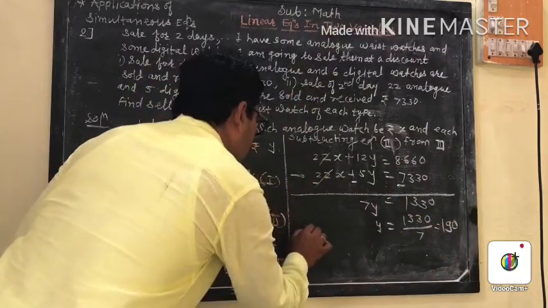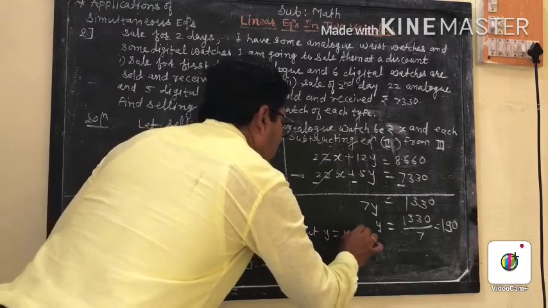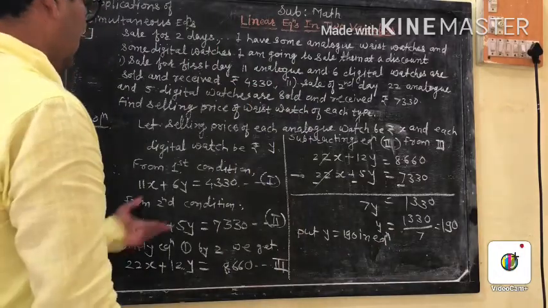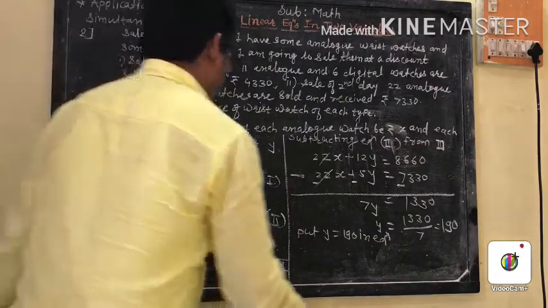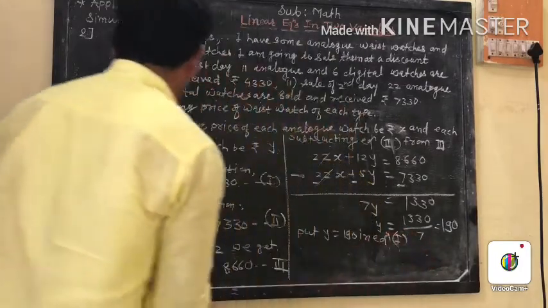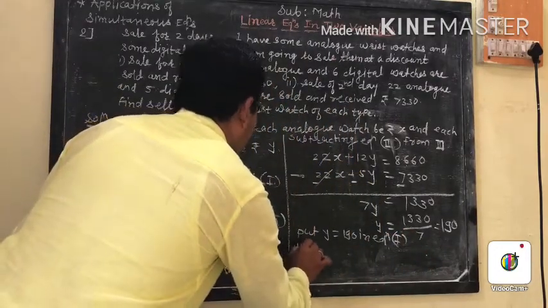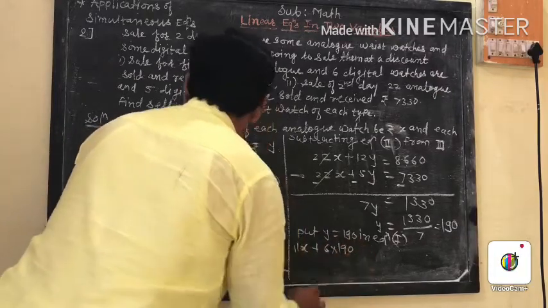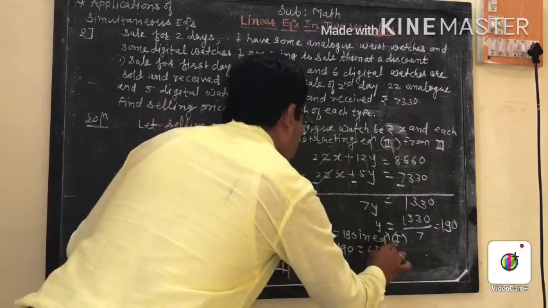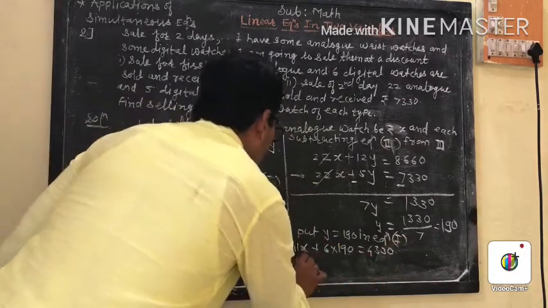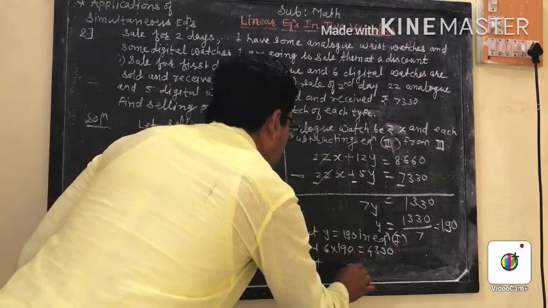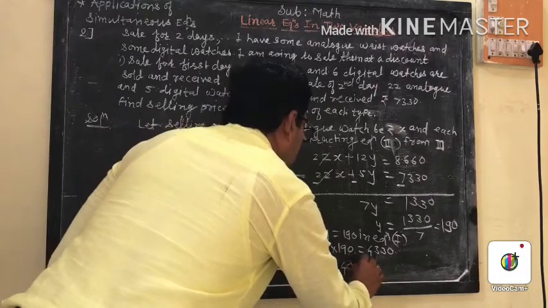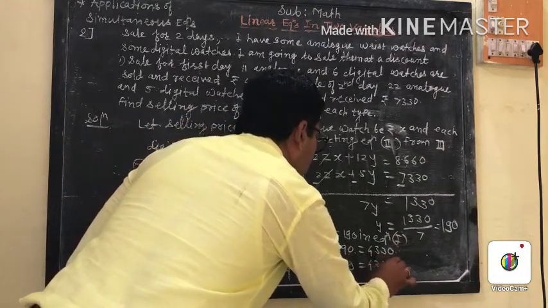Put y is equal to 190 in an equation. Which one is the simplest equation? Equation 1 is the simplest one. You get 11x plus 6 into 190 is equal to 4330. 11x plus 1140 is equal to 4330.